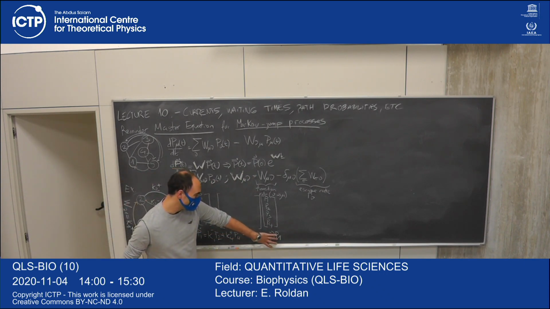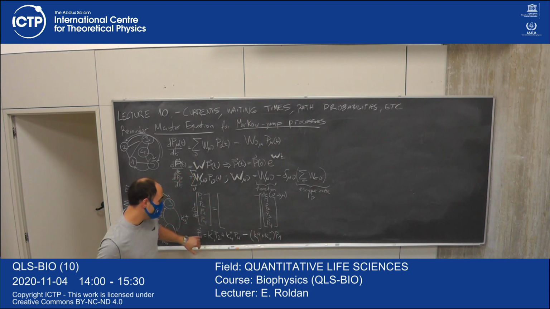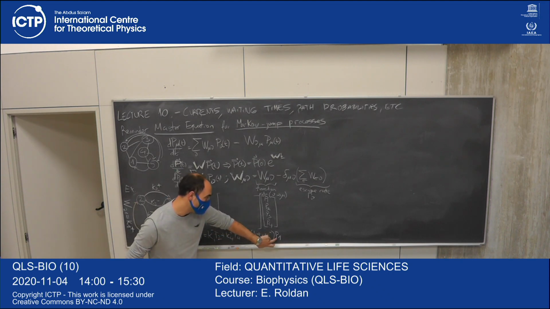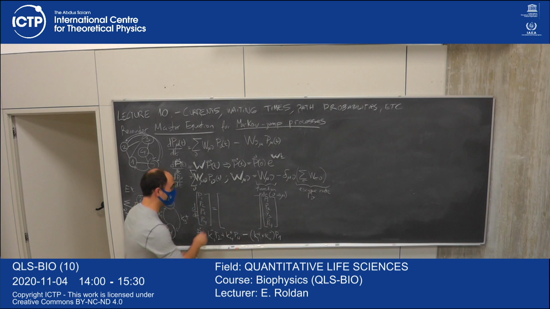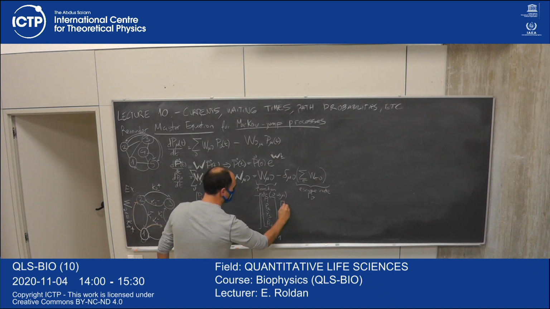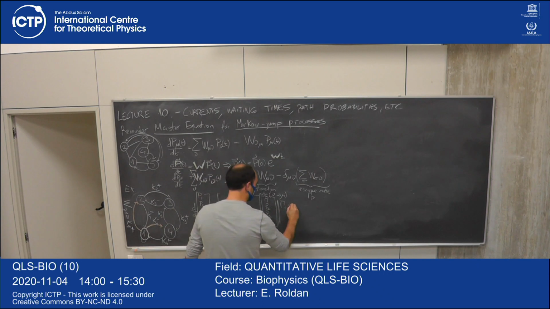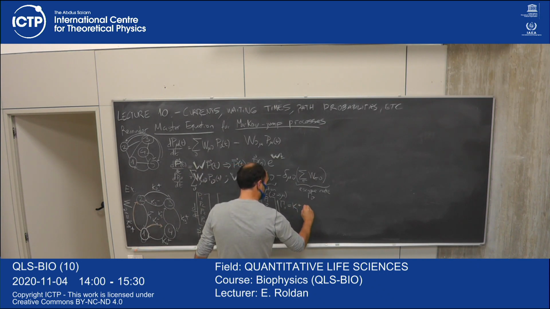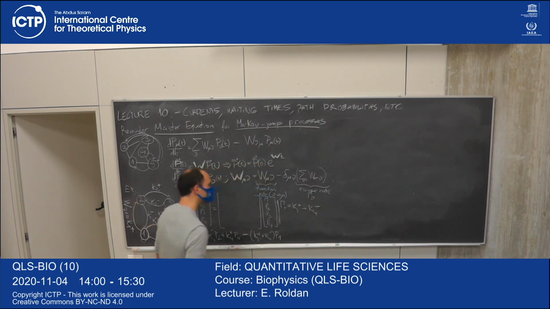And this loss term must appear in the diagonal, because this is P1 dot, a term proportional to P1. So it should be here. Minus, let me call it gamma. Gamma 1 is the escape rate from 1. It is K1 plus K4 minus.